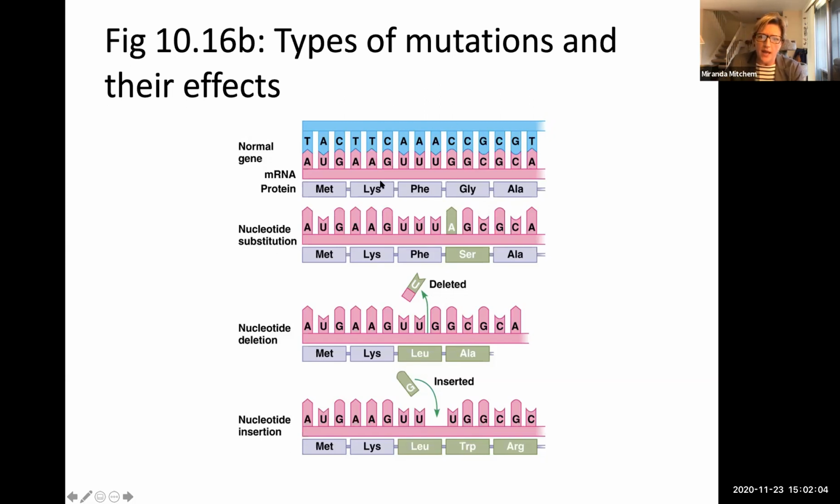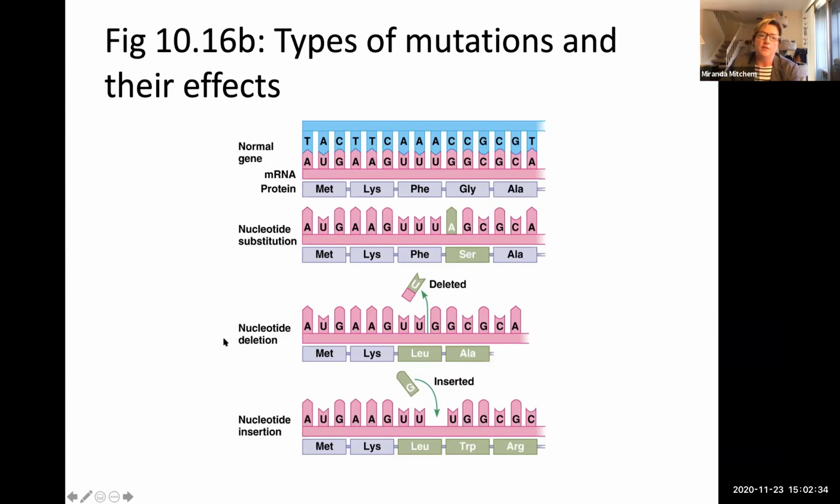But now what happens if we have a nucleotide substitution in the place of where this G should be? We have an A. Our codon's different now. It's not GGC, it's AGC. So that is going to result in what's called a nucleotide substitution because it changes the amino acid to a completely different amino acid.